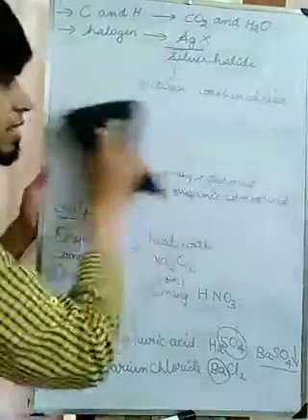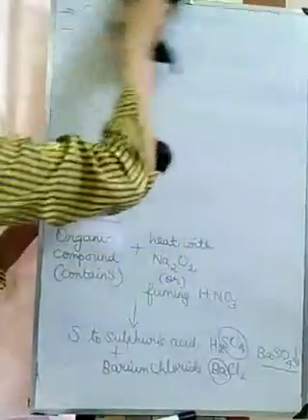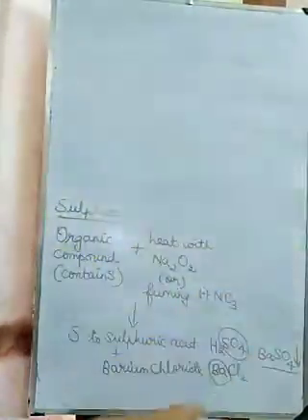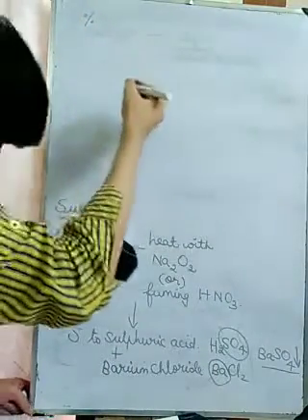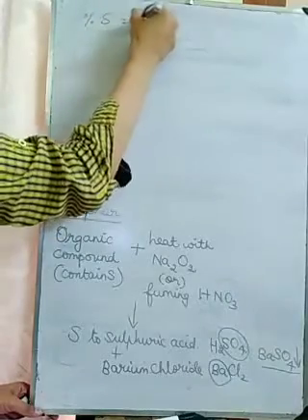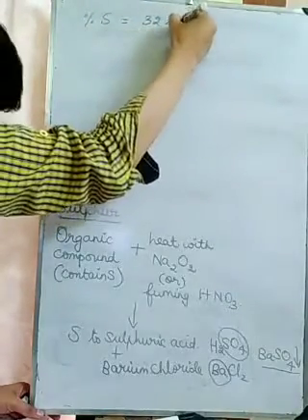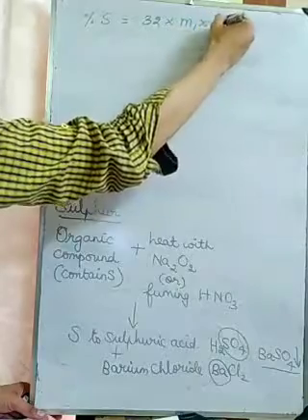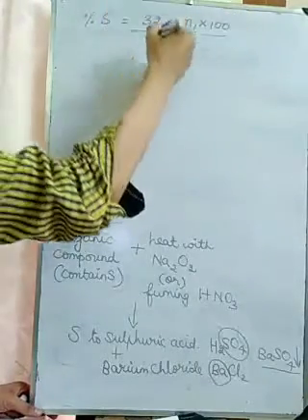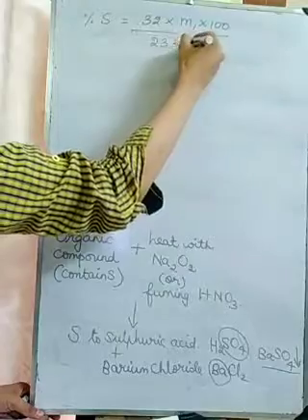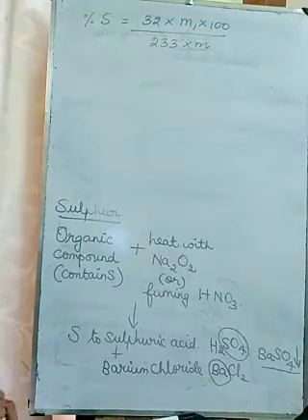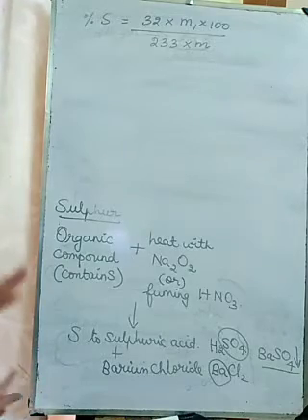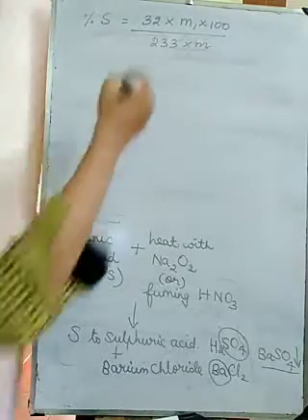So the formula is percentage of sulfur is equal to 32 into M1 into 100 divided by 233 into M. So what is this 32?